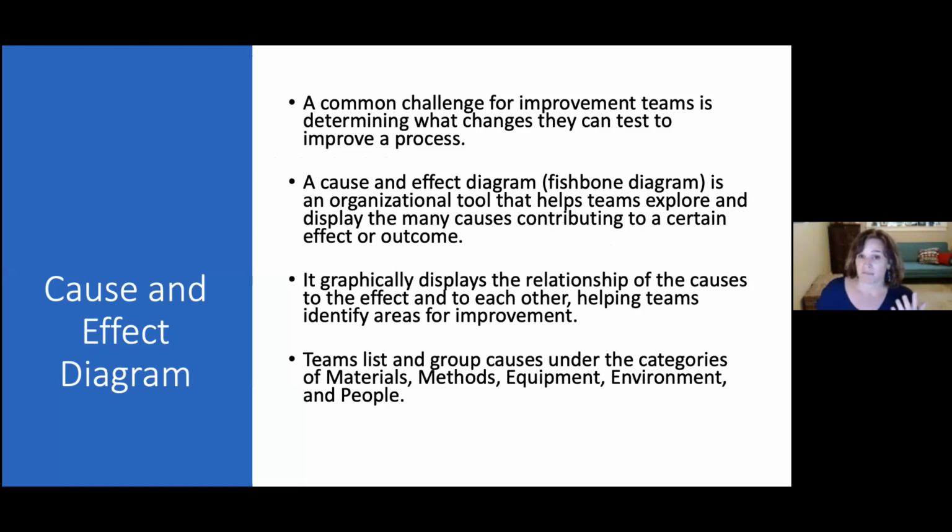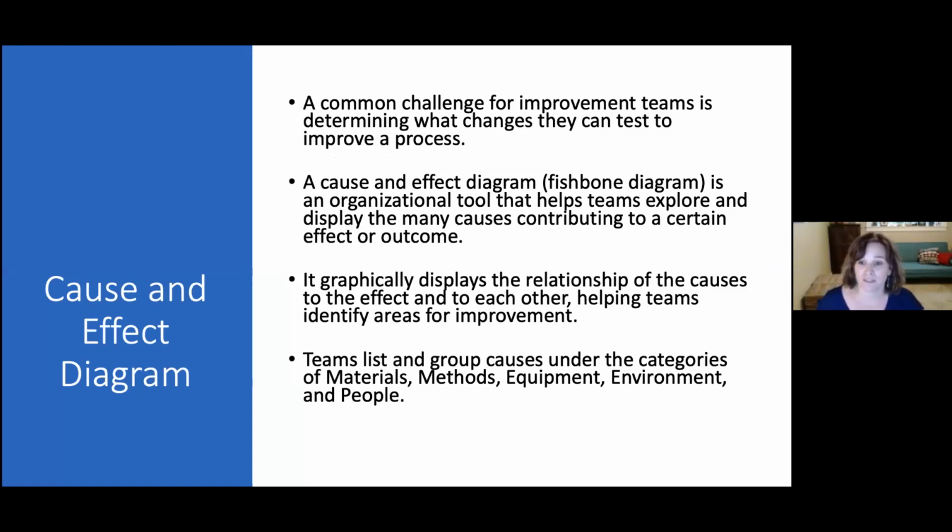So sometimes it can be hard for a team to figure out their aim statement, figure out what change they want to develop. And so there are other tools that can help you get there. One of them is a cause and effect diagram. It's also called a fishbone diagram because it kind of looks like a fishbone.